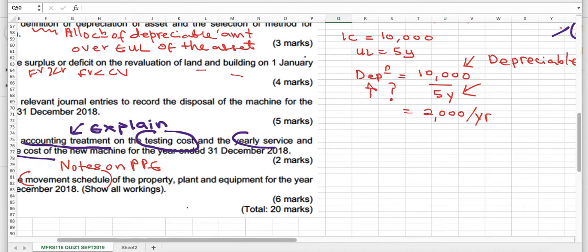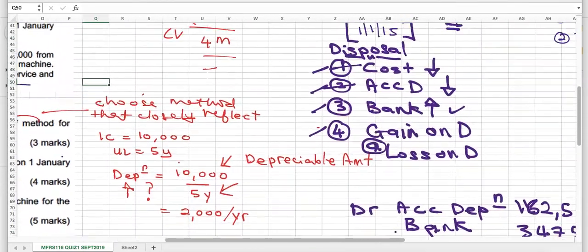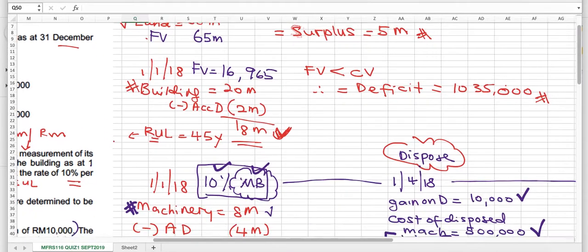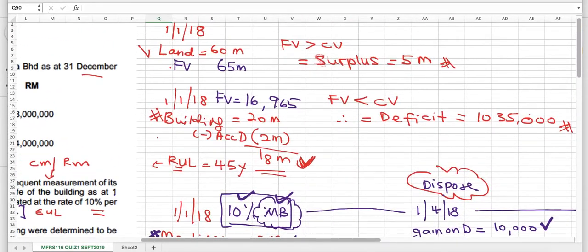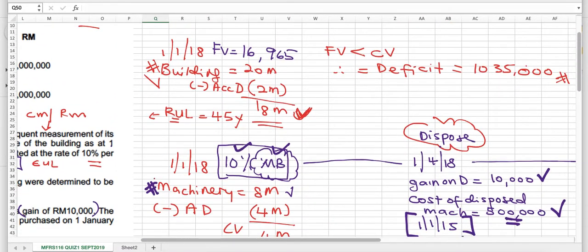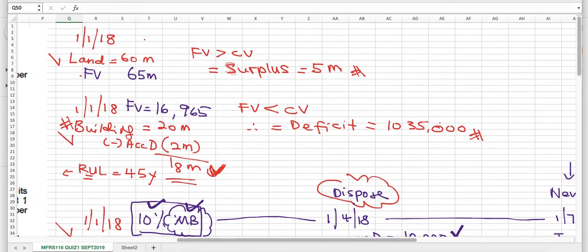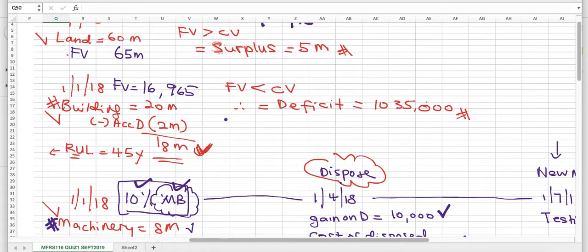Okay, so for this question we have land, building, and machinery, and we have to show this for the year ended 31st December 18. So we have to show up to 31st December 18 for the building.